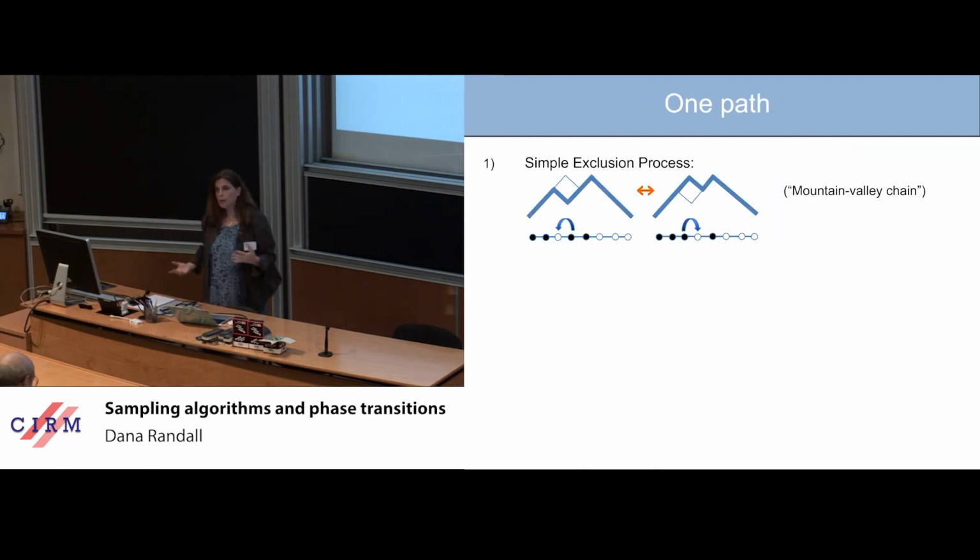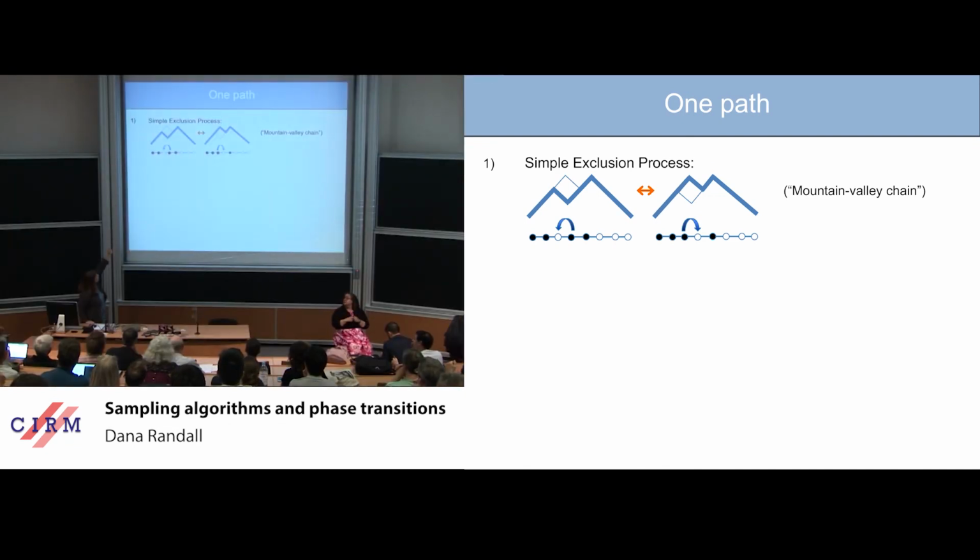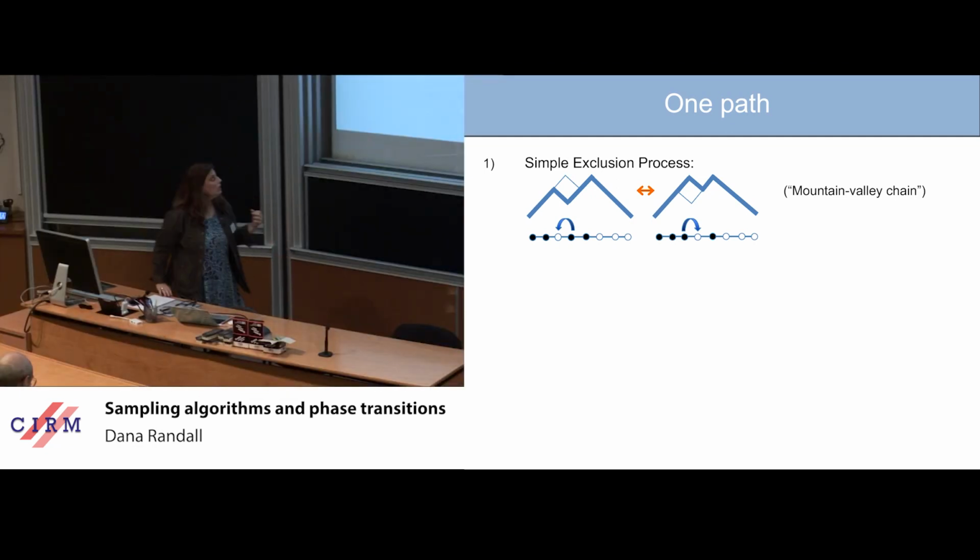Let me just talk about the one-path model. I have one path, rotated by 45 degrees, and now I can think of it as mountains and valleys. I can do a move where I invert something and make it into a peak or a valley locally. This is a Markov chain that we're going to be talking about throughout the talk.